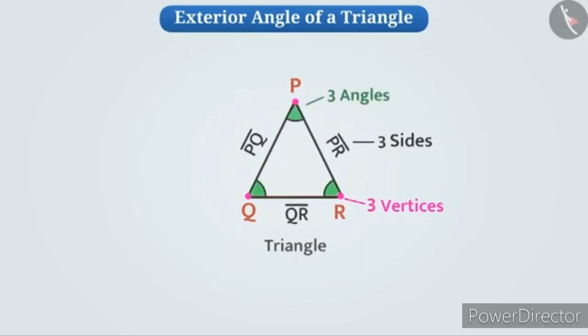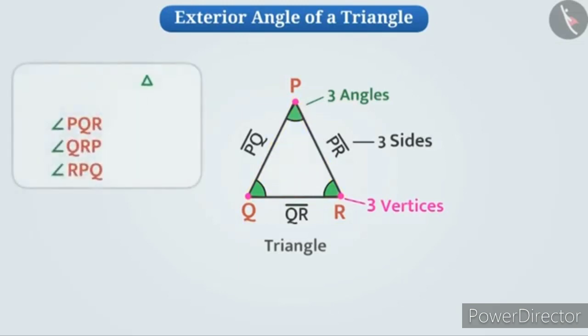And it has three angles, like triangle PQR has angles, angle PQR, angle QRP, and angle RPQ. As you can see, all these angles are interior angles of triangle PQR.